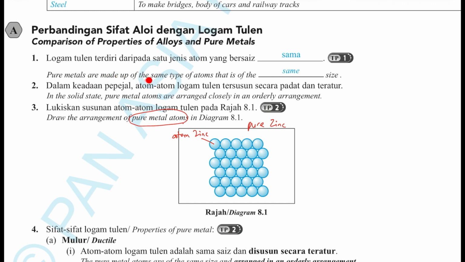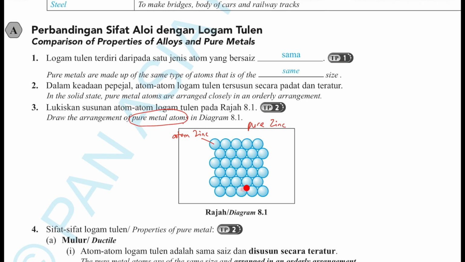Pure metals are made up of the same type of atom that is of the same size. In the solid state, pure metal atoms are arranged closely in an orderly arrangement. So if we draw the arrangement of pure metal atoms, you see all of the atoms have the same size, isn't it? Let's say I have a pure zinc.